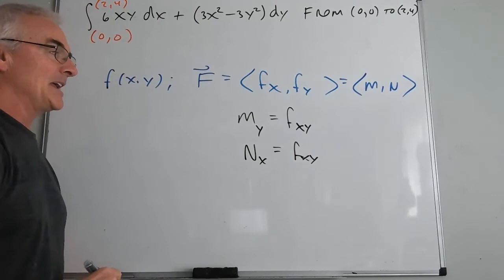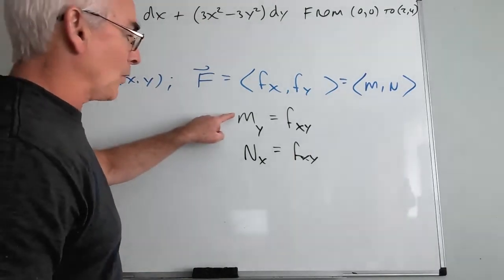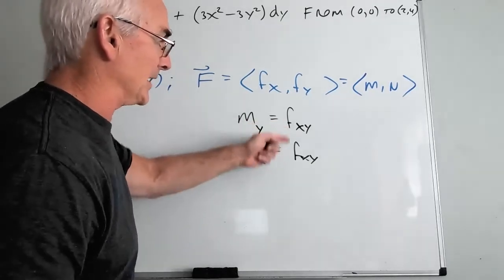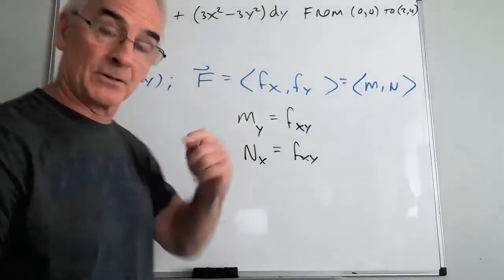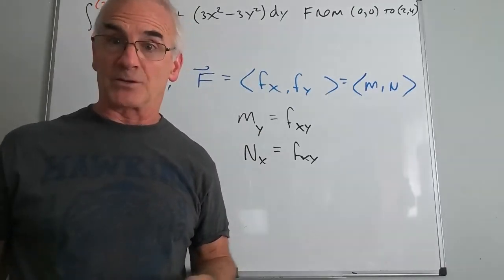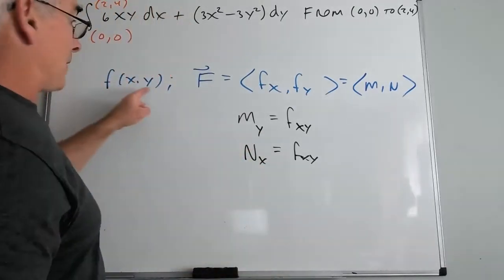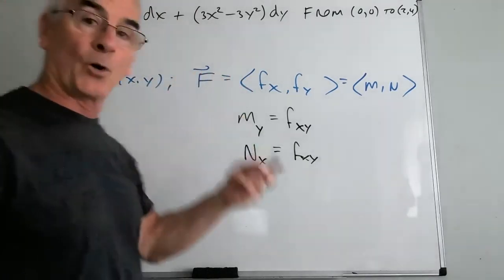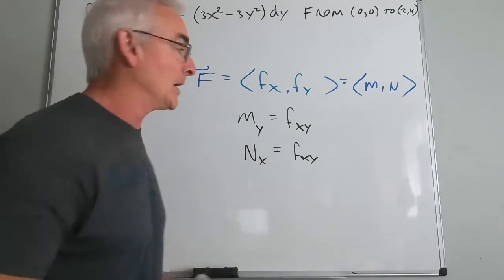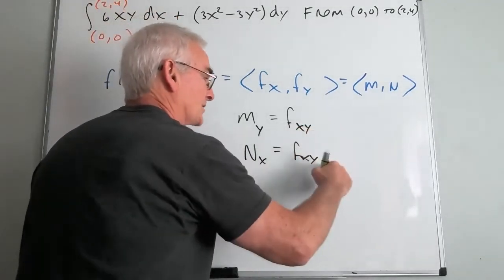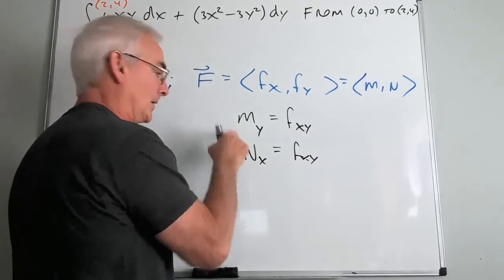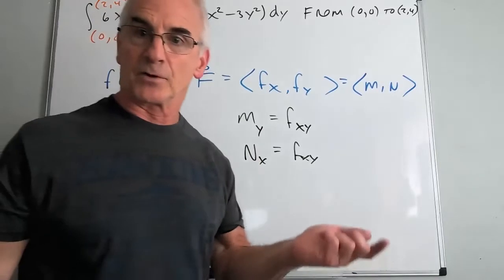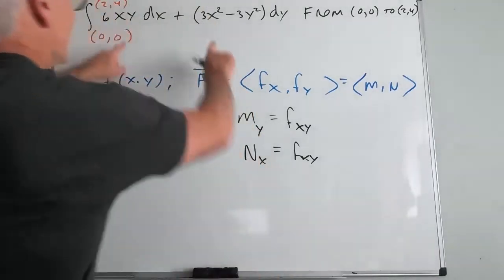Oh. If the partial of m with respect to y and the partial of n with respect to x are both the same thing, by the way, we started with a conservative vector, then for a two-dimensional vector, here's an absolute. If my two-dimensional vector is the gradient vector of my potential function, then we know it's conservative. That's where the term comes from. But then this will always be a true statement. The partial of m with respect to y will always equal the partial of n with respect to x. This is your test for conservative. It's actually this simple.